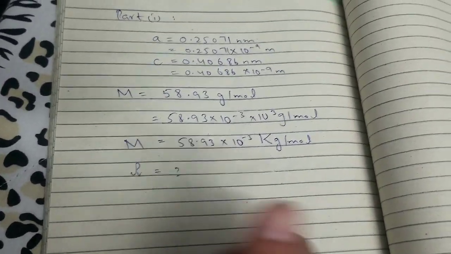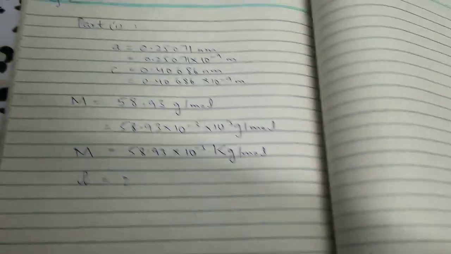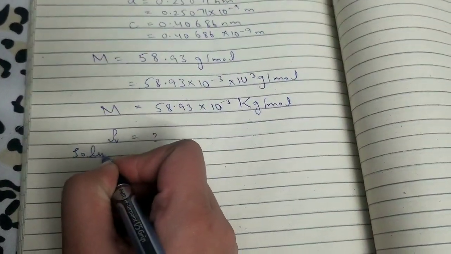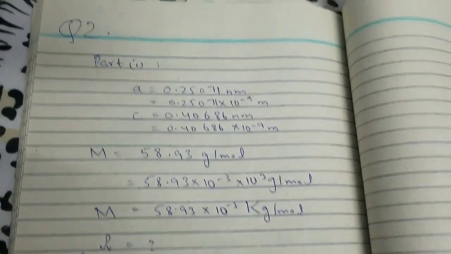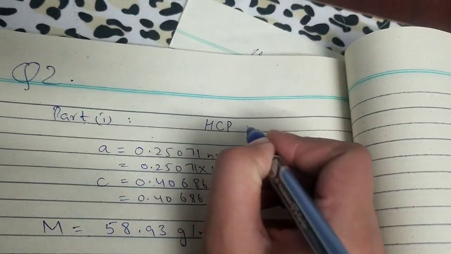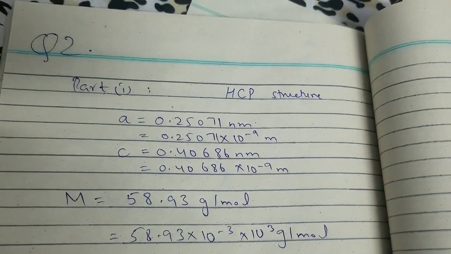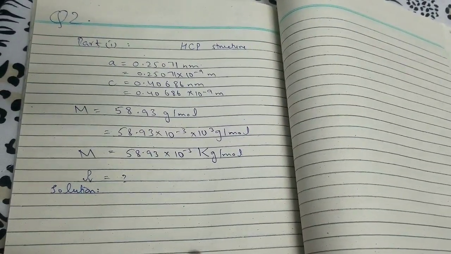Now we'll move to the solution. For the solution we'll first write the formula that we are going to use. It is mentioned that it has an HCP structure, so we'll consider the HCP unit cell here and use its properties in order to find the density.